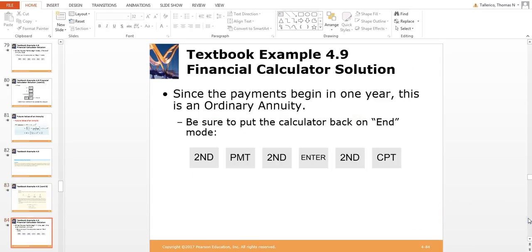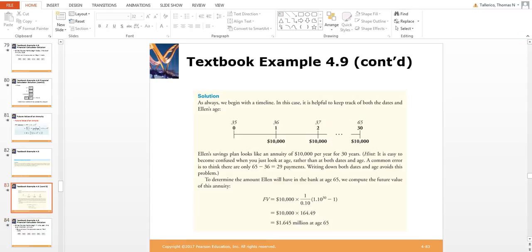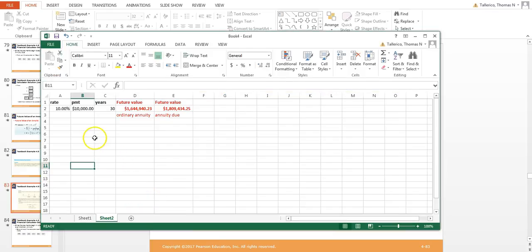But just to show you that you can do this in Excel, which I'll bring up right now, quite easily. Here I made 3 input columns, the rate of 10%. Here's the $10,000 a year, as you can see, and here is 30 years.